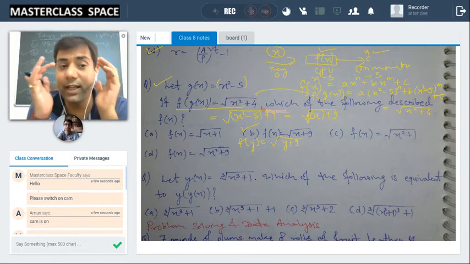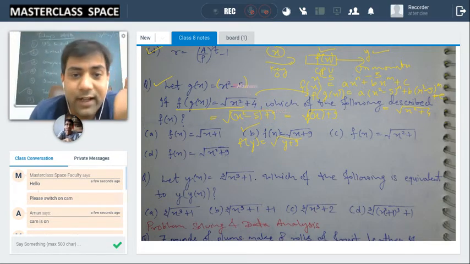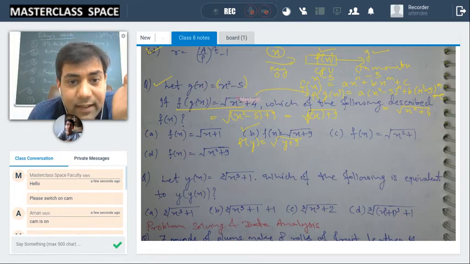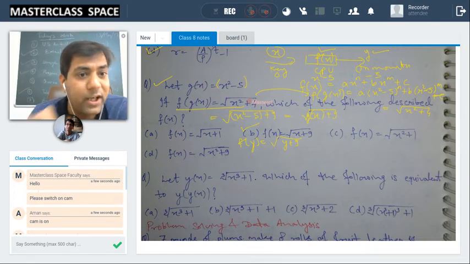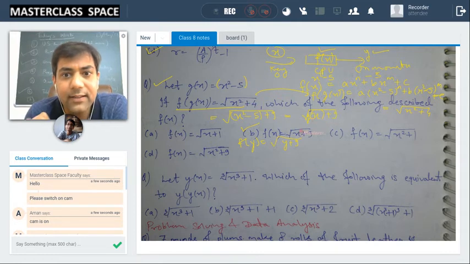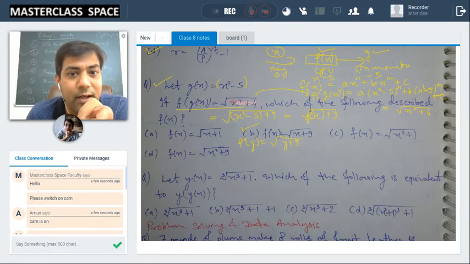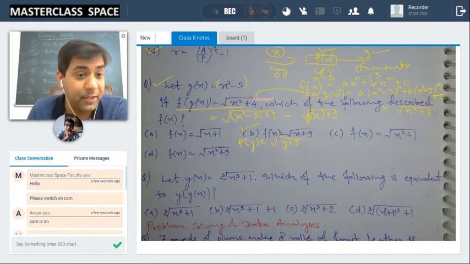You try to create the function. You are trying to create this function, this g(x), in this function. Somehow you are manipulating. And then you are putting x. So if I substitute in place of x, if I put g(x), then I'm going to get this value, under root x squared plus 4. So this is a direct method.